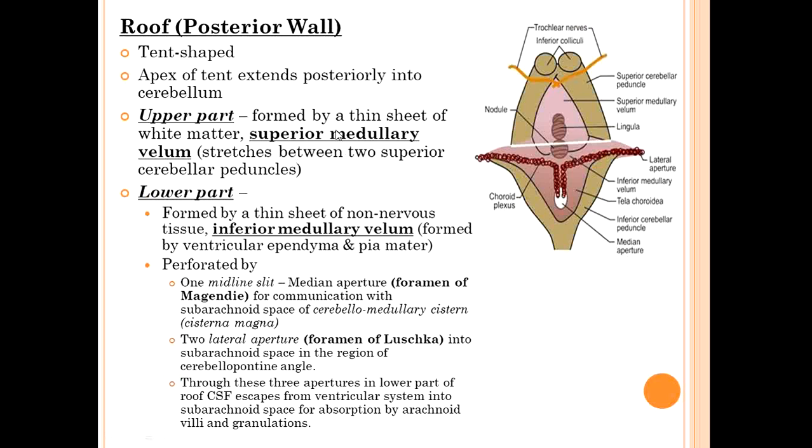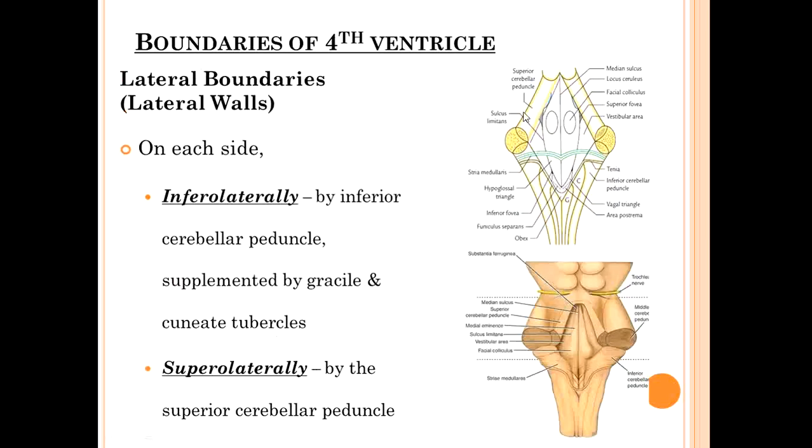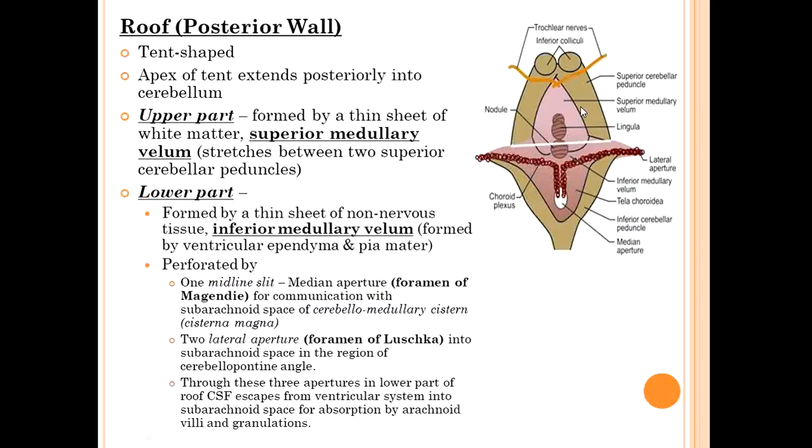Upper part formed by thin sheet of white matter here, that is known as superior medullary velum, that is stretching between 2 superior cerebellar peduncles. Okay, here. So this is connecting the 2 superior cerebellar peduncles, that is known as superior medullary velum.